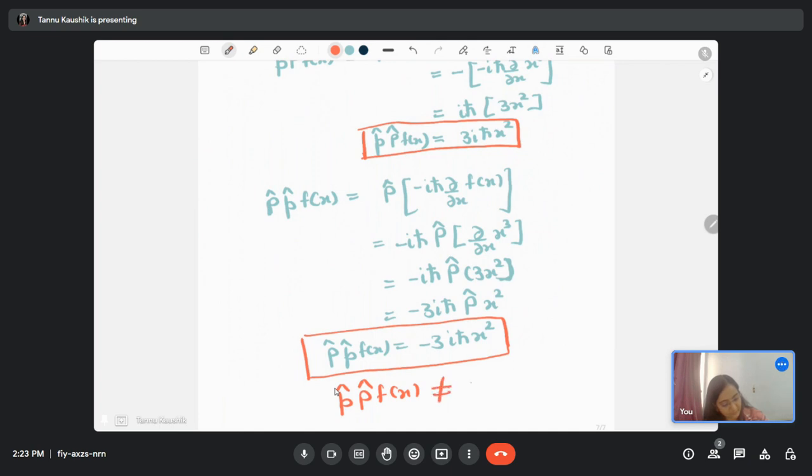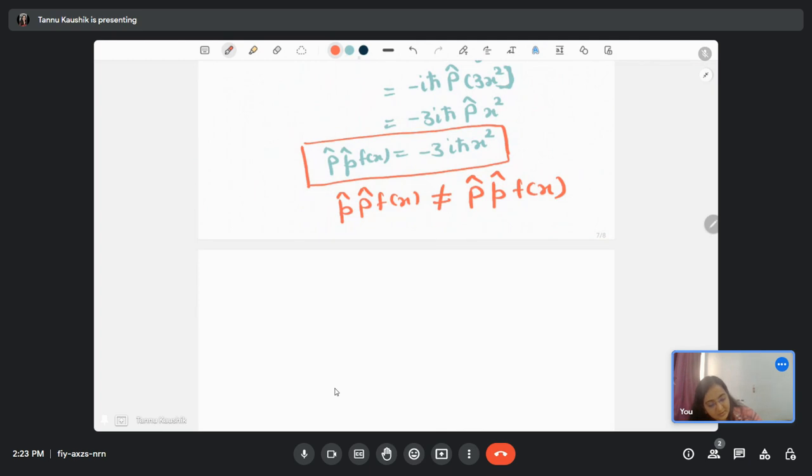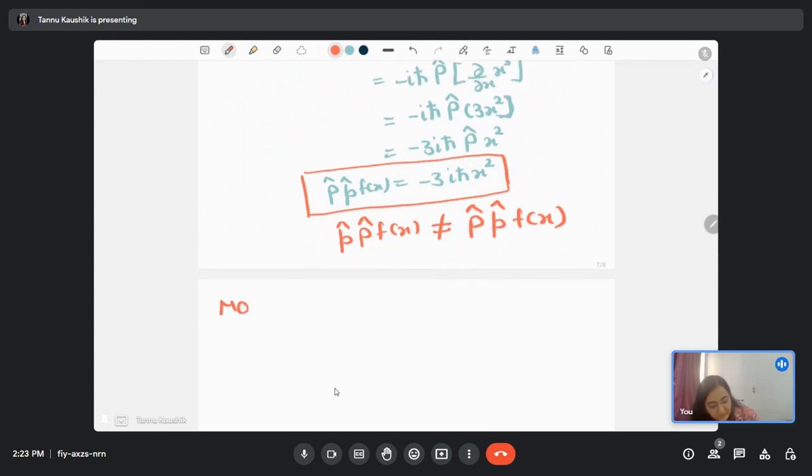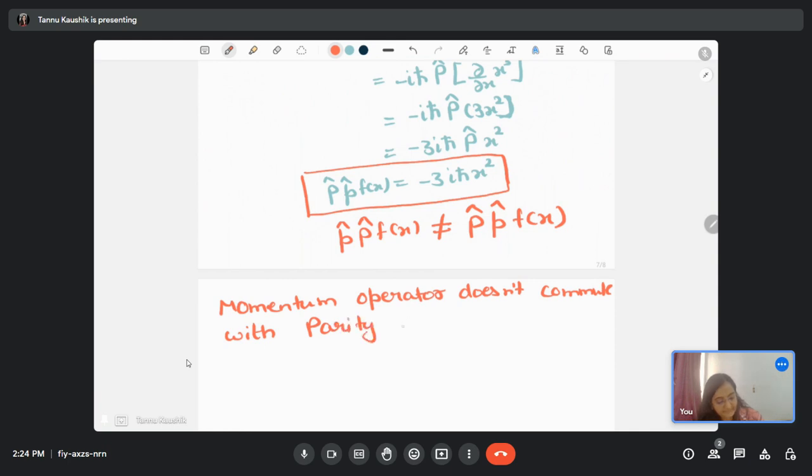So these are the two different results we are getting. That is, we can see that P p f(x) is not equal to p P f(x), which means the momentum operator doesn't commute with the parity operator.